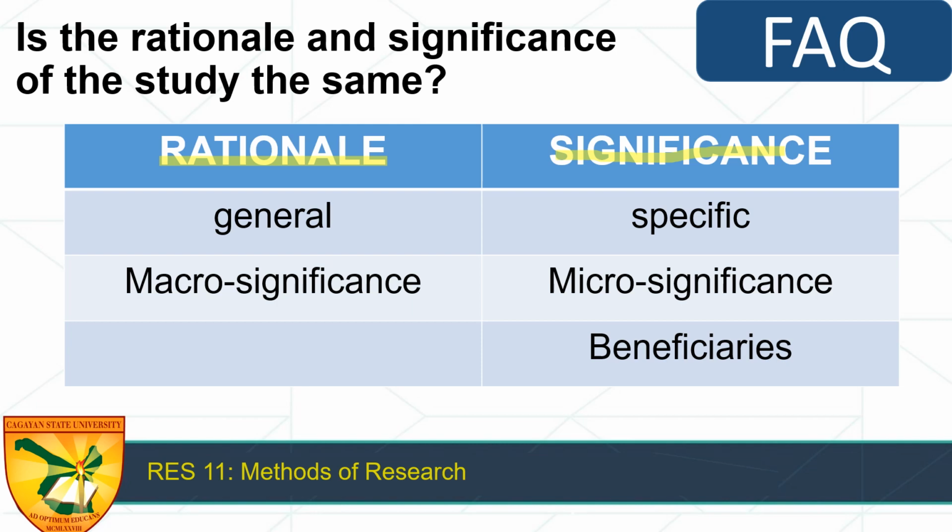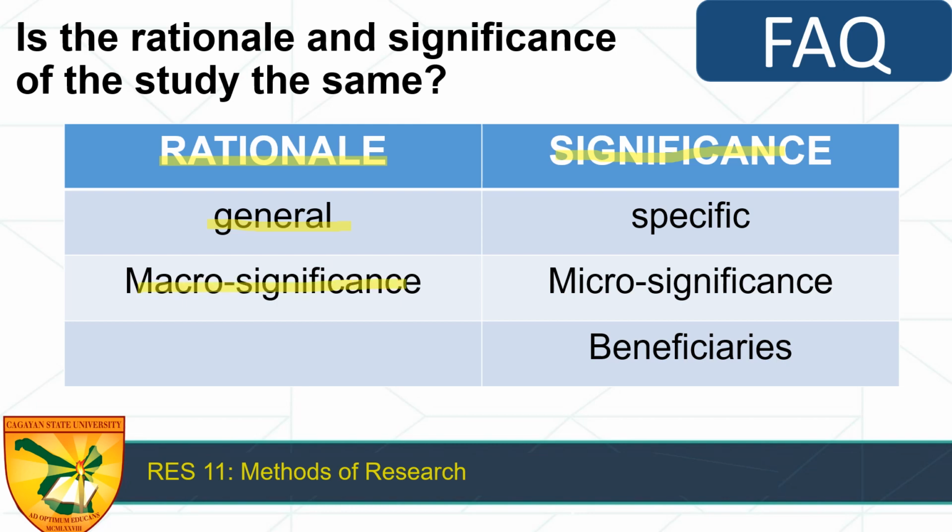It could be rationale of the study or significance of the study, or it could be benefits, end user benefits, or beneficiaries. So in this, the rationale actually entails a larger perspective or a general objective or the benefit of your general objective, or what we call the macro significance.